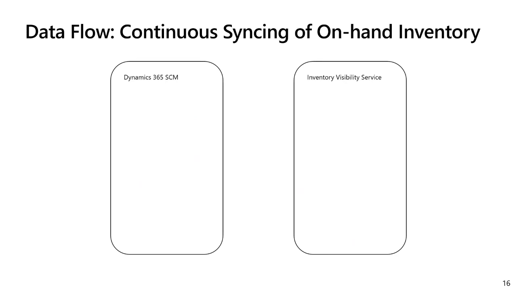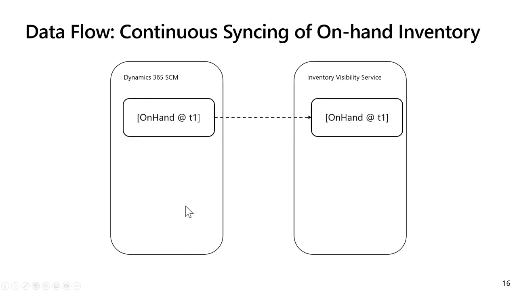So how is data synced from Dynamics 365 to inventory visibility to keep near real-time updates? There is a recurrent batch job in the background to ensure that. Let us consider a time when initial syncing has succeeded and your on-hand data is on both sides.